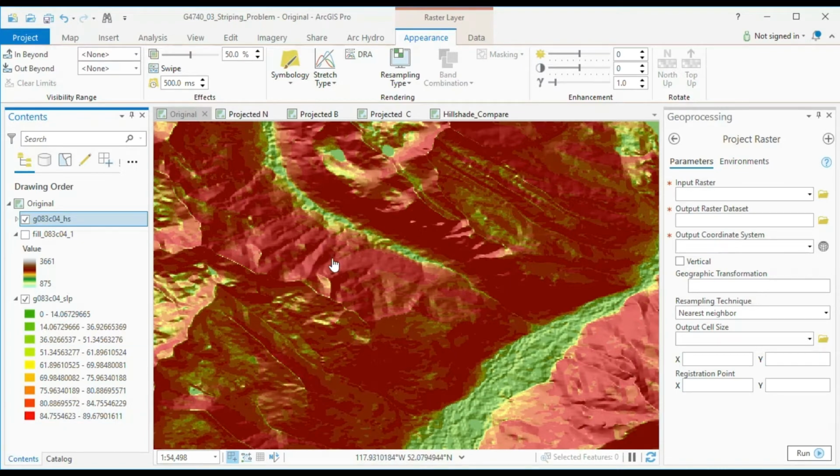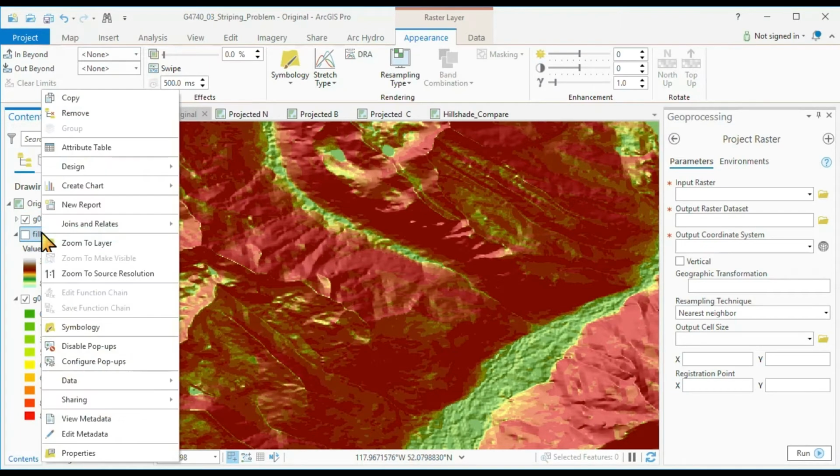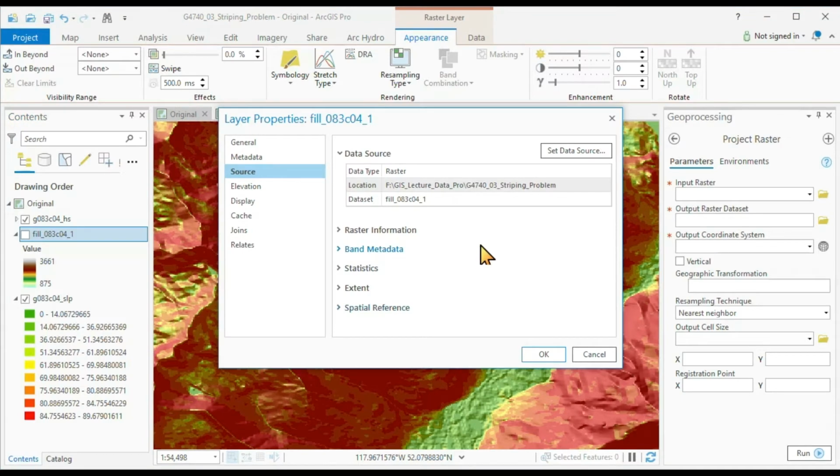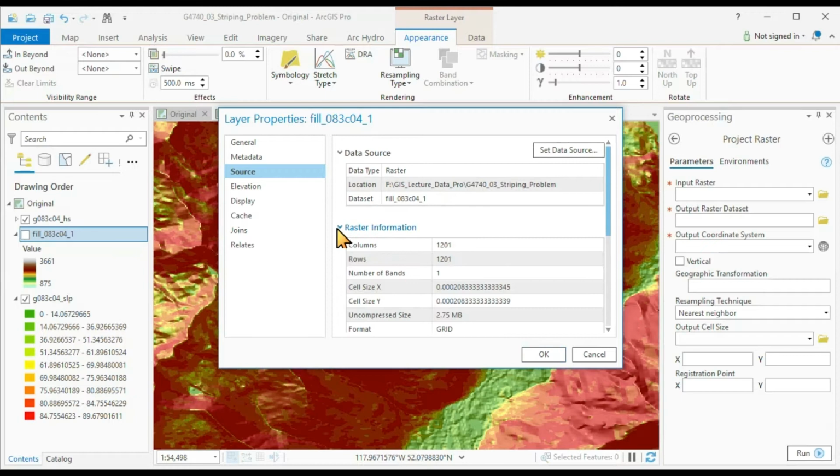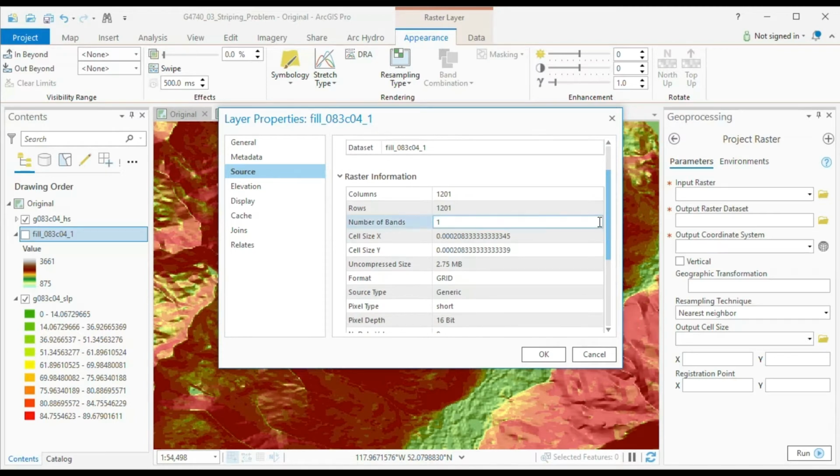The problem lies in the fact that the elevation model from which we derive the slope and the hillshade is in lat-long. That means if we go to the raster information and we look at the grid cell size, it is a very small value.